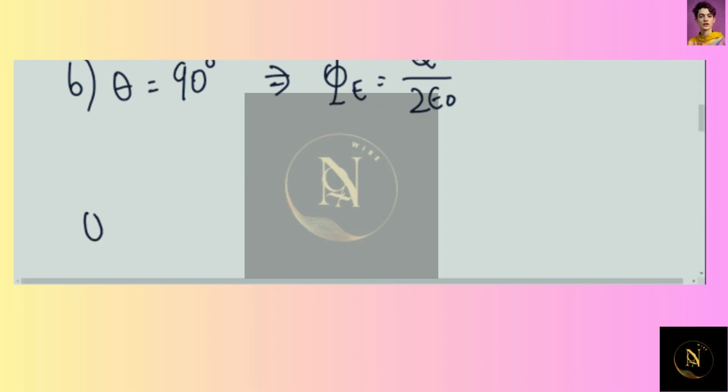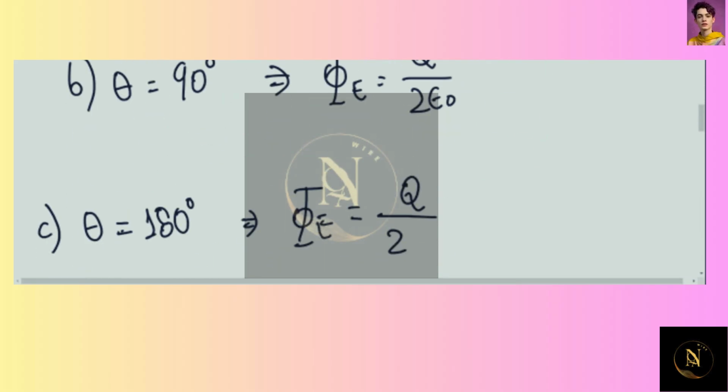Now, if the angle theta is 180 degrees, which is the same as pi, we will obtain, for the equation from before, this is part C, and let's substitute that in here.